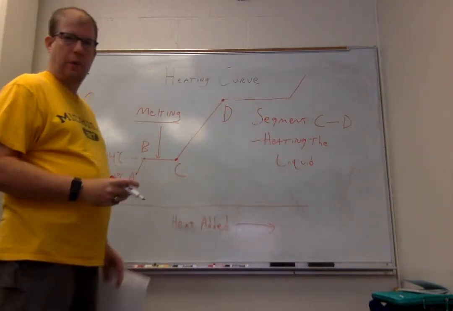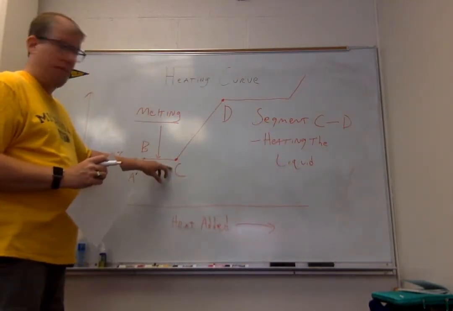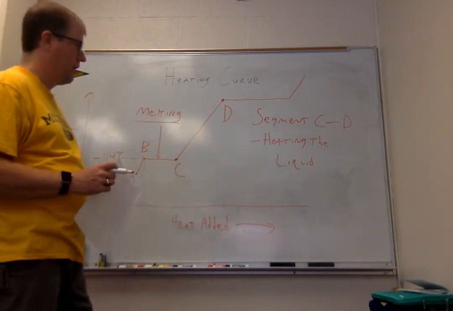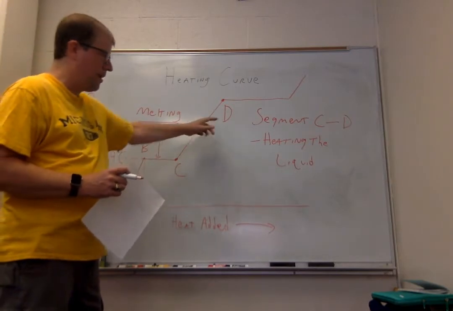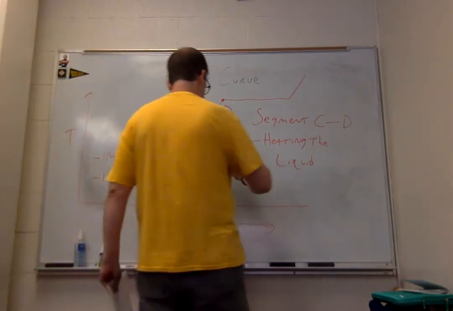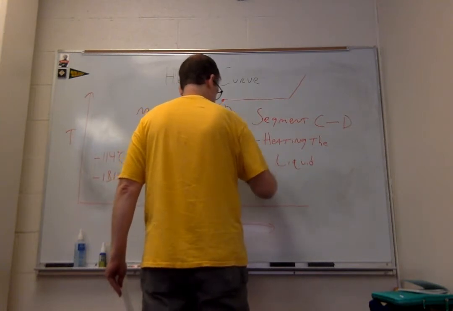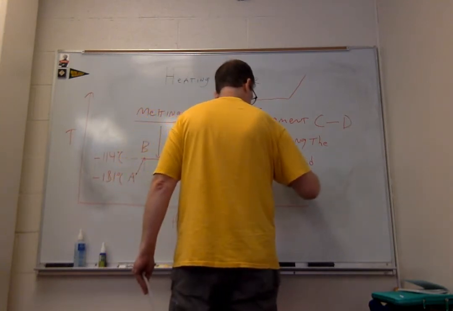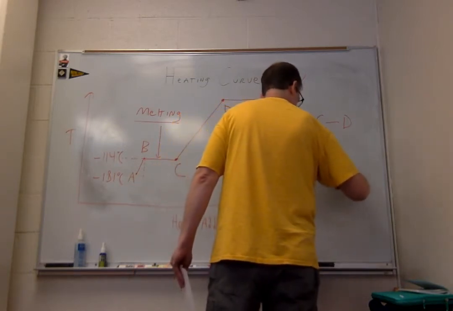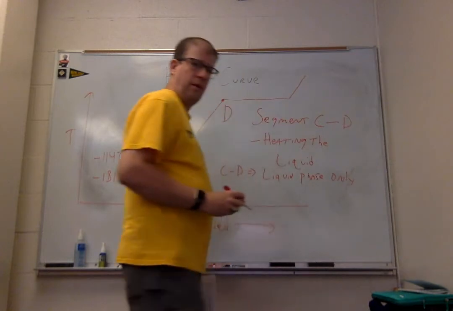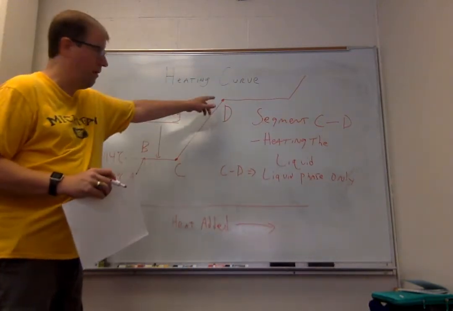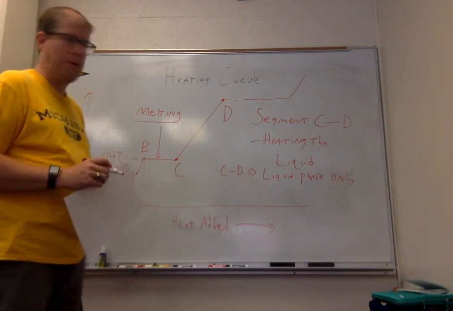You're heating the liquid up from the melting point of the solid towards whatever this point is here, and we'll get to that in one second. Along segment C to D, the only phase present is liquid. So we have only the liquid phase present in this ascending segment here. Okay.